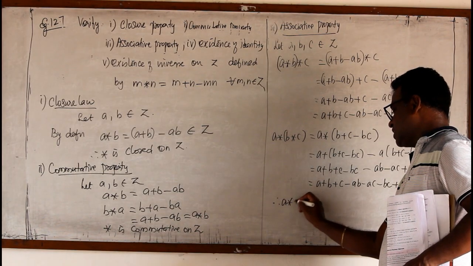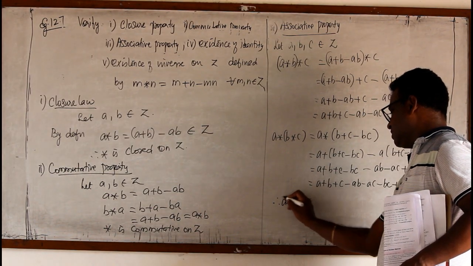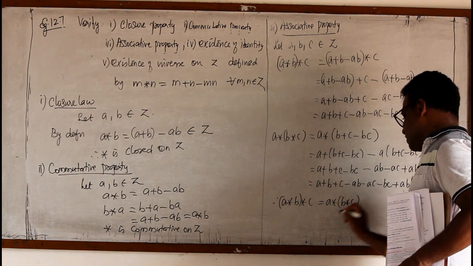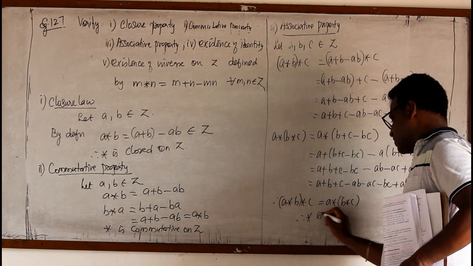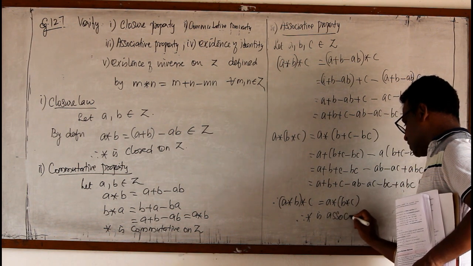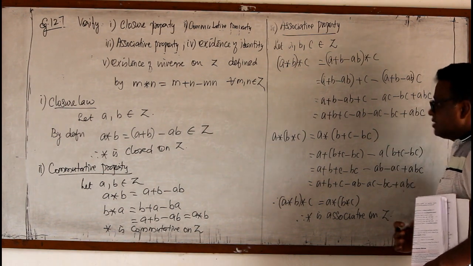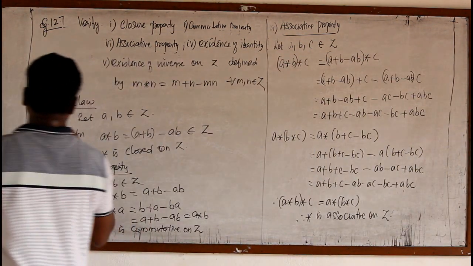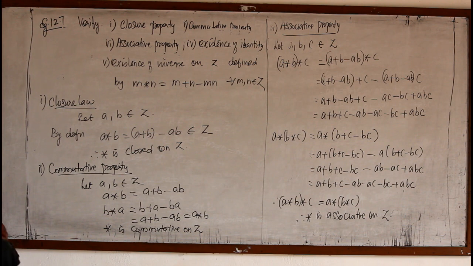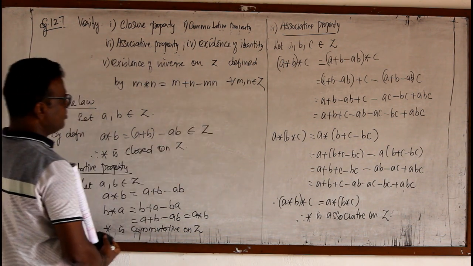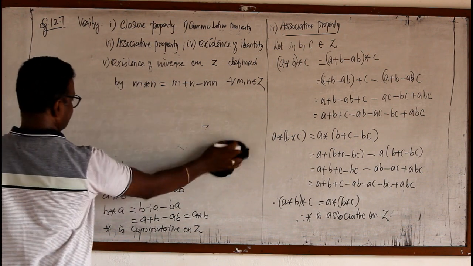Therefore, (a star b) star c equals a star (b star c). Therefore, star is associative on Z. From this we have to understand that it is obeying the closure law, the commutative law, and also the associative property.